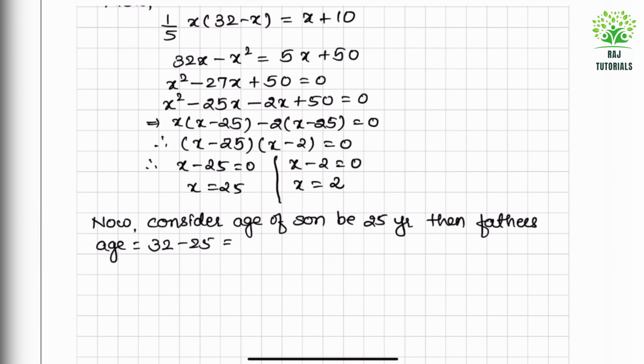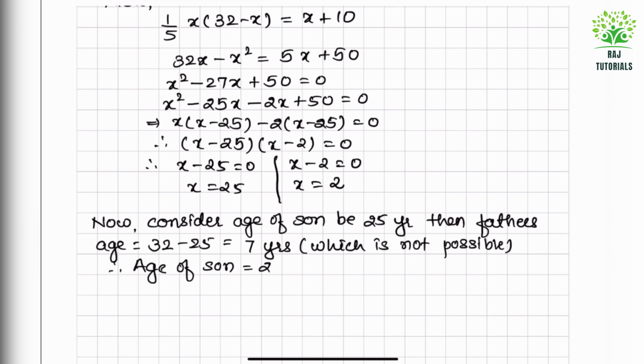Now, consider the age of the son to be 25 years, then the father's age will be 32 minus 25, that is 7 years, which is not possible. Therefore, the age of the son is 2 years and the father's age is 32 minus 2, that is 30 years.